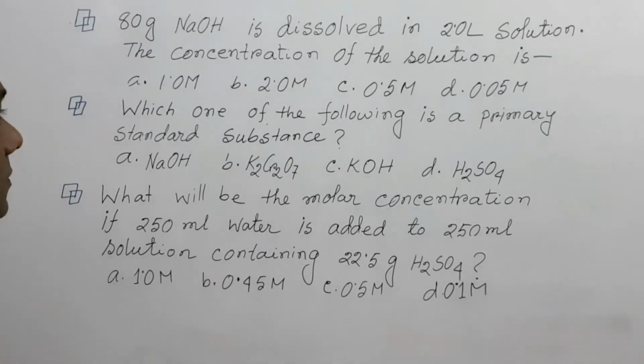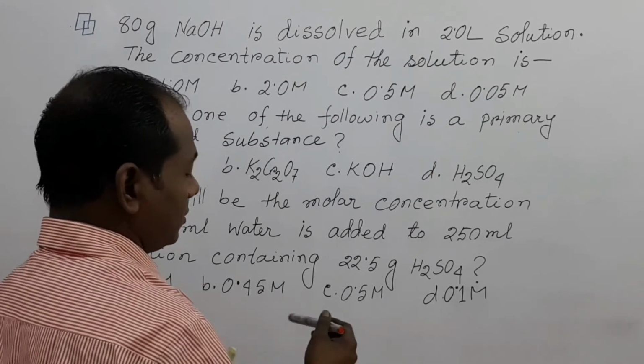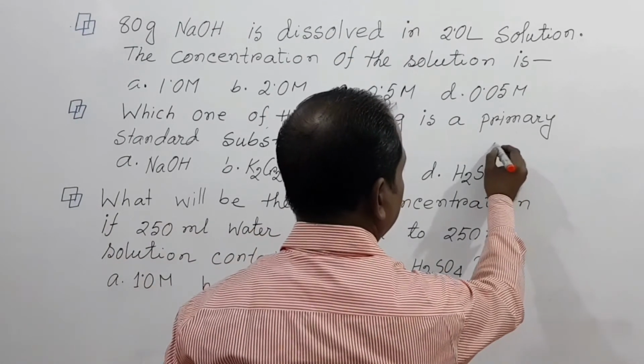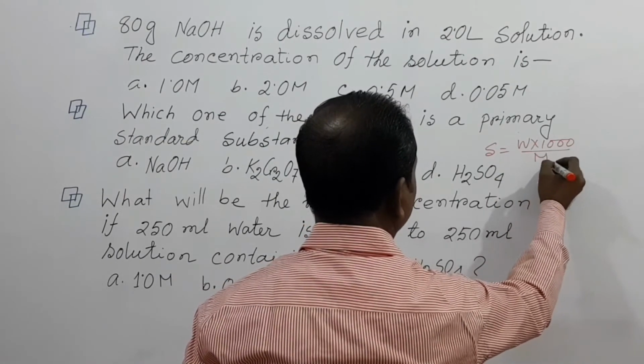My dear students, our next question is: 80 gram sodium hydroxide is dissolved in 2 liter solution. The concentration of the solution is option A 1 molar, option B 2 molar, option C 0.5 molar, and option D 0.05 molar. We know that to calculate the concentration of a solution we use this formula, S equals W into 1000 divided by mv.